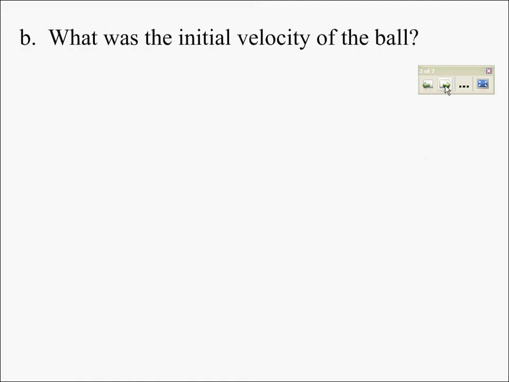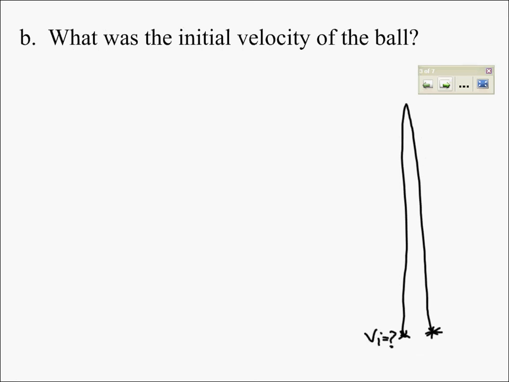What was the initial velocity of the ball? So we want to know VI when the basketball player let go of the ball. VI is our unknown. We know T to the tip top took 0.4 seconds.